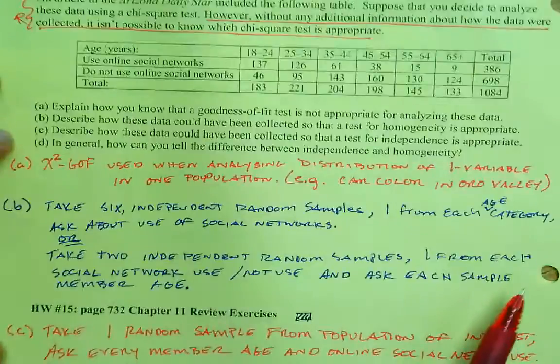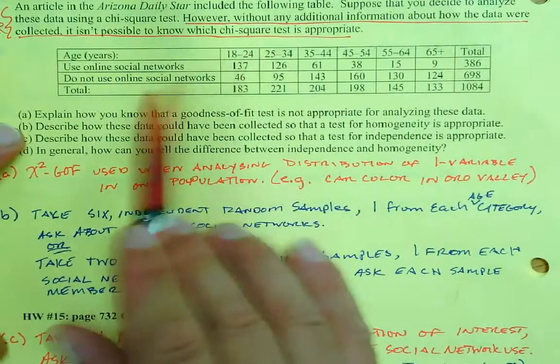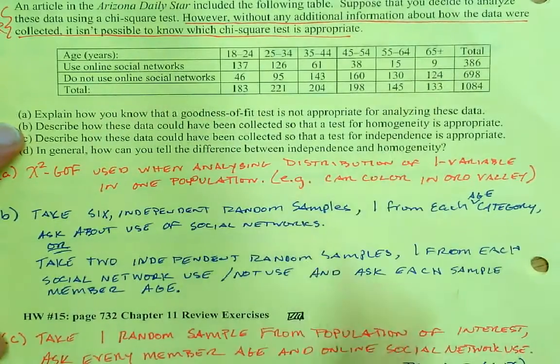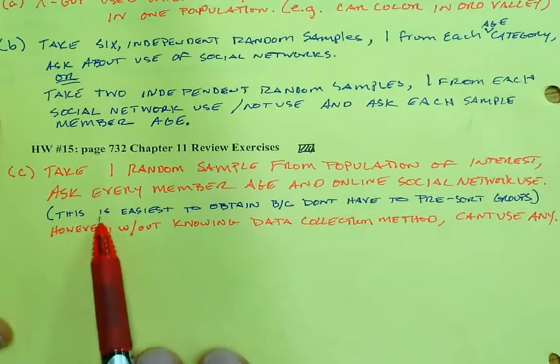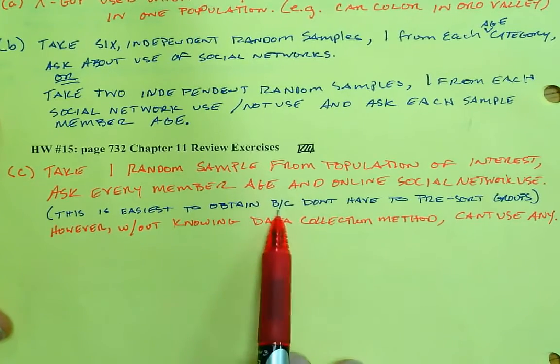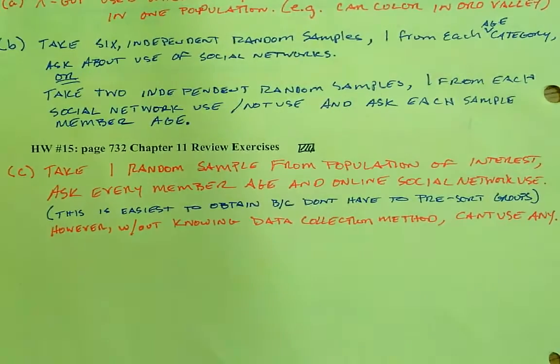So that we would say, hey, amongst the questions, what is your age? Amongst the questions, do you use online social networks? Collect that data. That is generally the easiest option for obtaining data, because you don't have to pre-sort the groups. We don't have to know their social media use ahead of time. We don't have to know their age ahead of time.